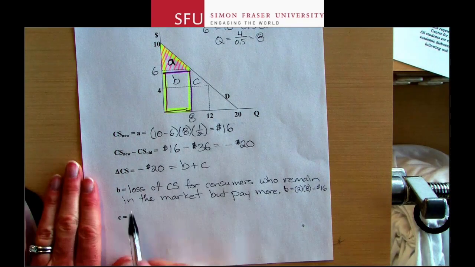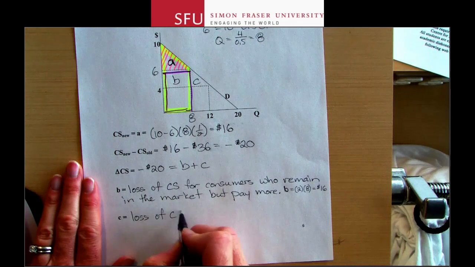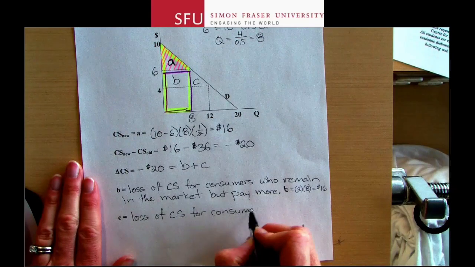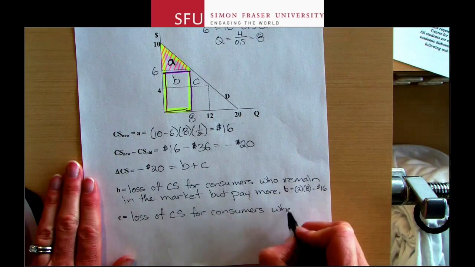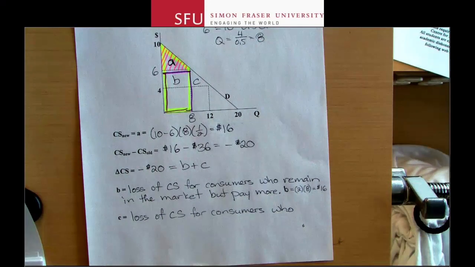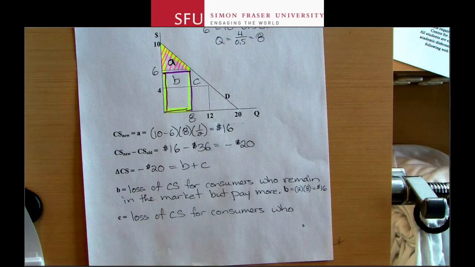Okay, and then area C is the loss of consumer surplus for consumers who exit the market. So they're the ones who just say, oh, forget it.